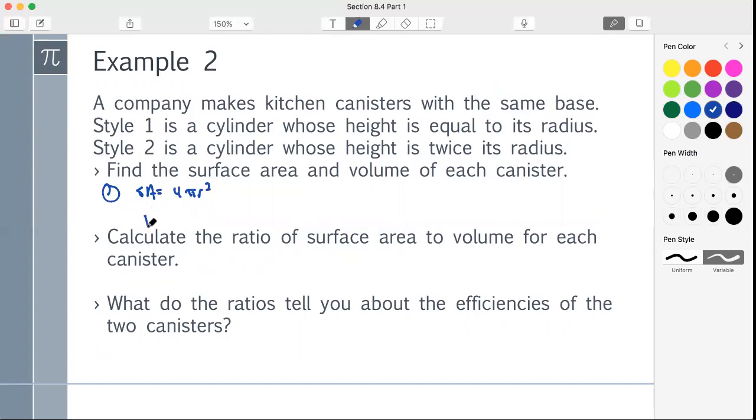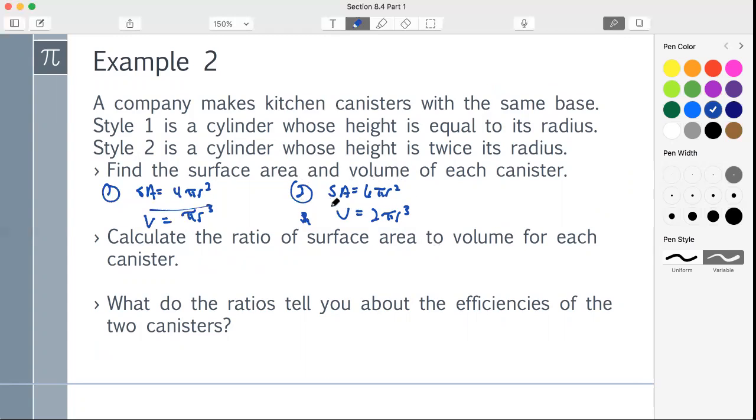The volume is going to equal pi r cubed. For number 2, the surface area is equal to 6 pi r squared, and the volume is equal to 2 pi r cubed.